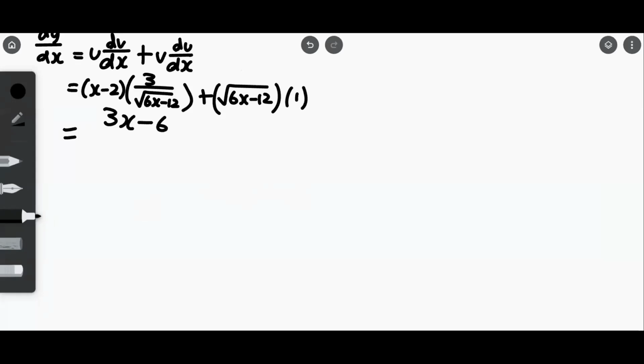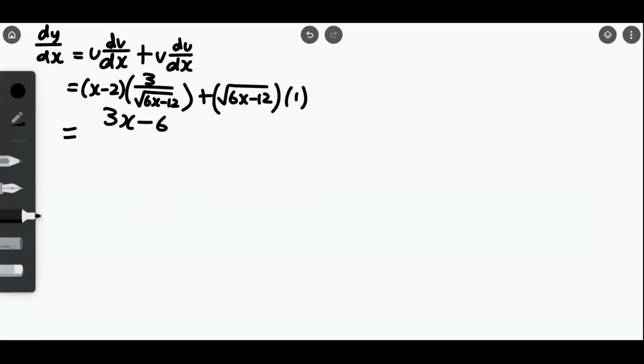So it will be 3x minus 6, because you times x minus 2 to 3. And then you put it over the whole thing with the root 6x minus 12 plus root 6x minus 12.